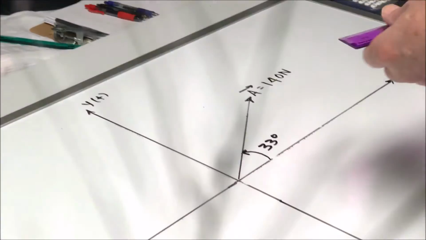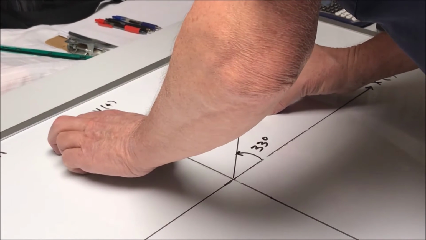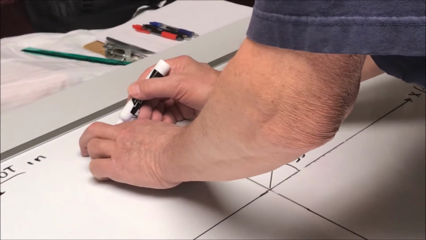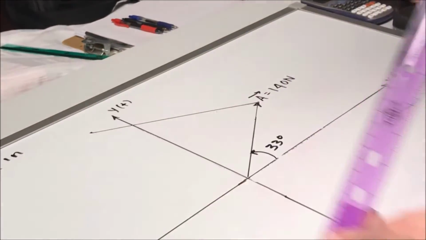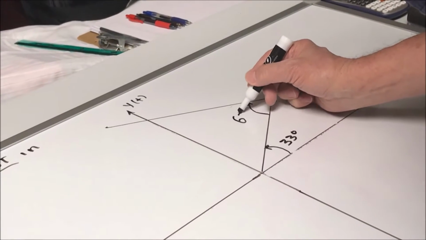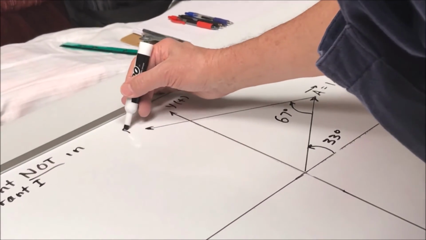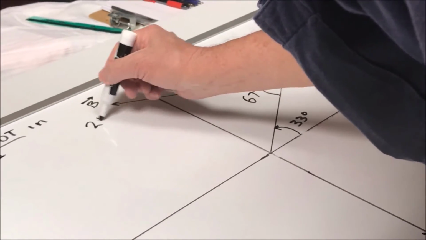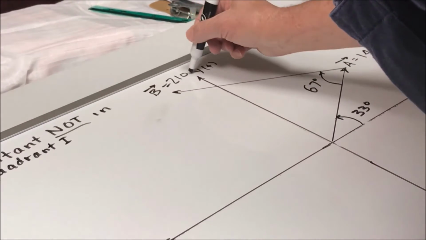And then coming off of vector A, we're going to come off at an angle of 67 degrees with vector B, which has a magnitude of 210 newtons.